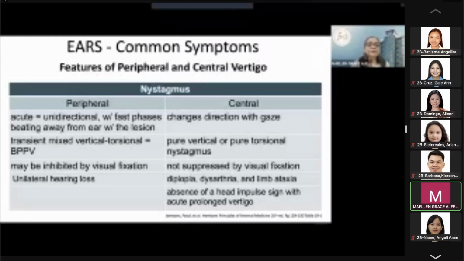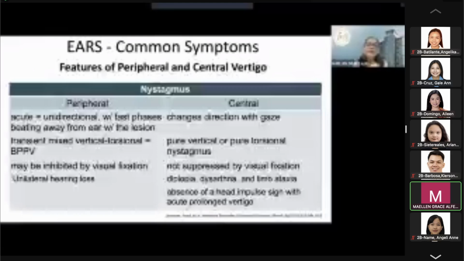Again, in terms of vertigo, you can differentiate it into peripheral and central by looking at the nystagmus. For peripheral, it's usually an acute unidirectional nystagmus with a fast phase beating away from the ear with the lesion. Sometimes you can have a vertical or torsional nystagmus, so it's mixed, and you see that in benign paroxysmal positional vertigo.